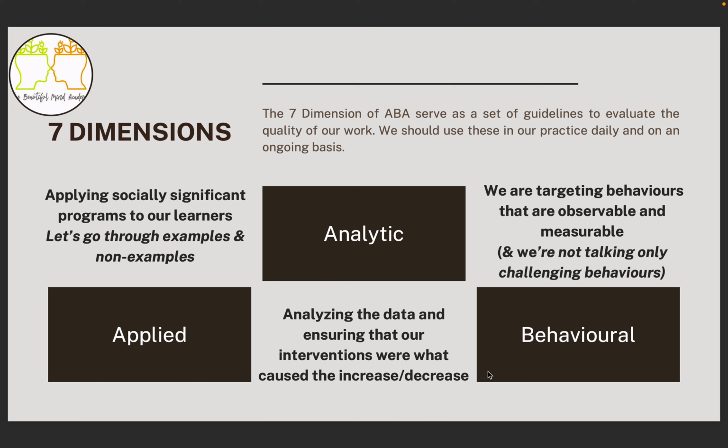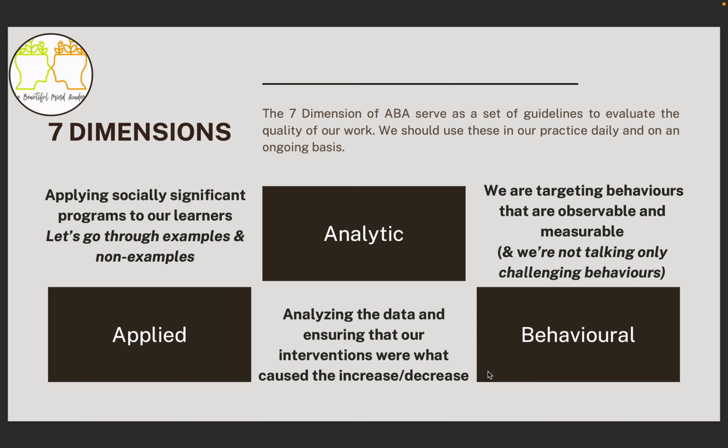When I say socially significant, it is for that person, right? And again, because all of our programs are child specific, we want to make sure that it is socially significant for that specific learner. And we do consider cultural and different norms of that family.